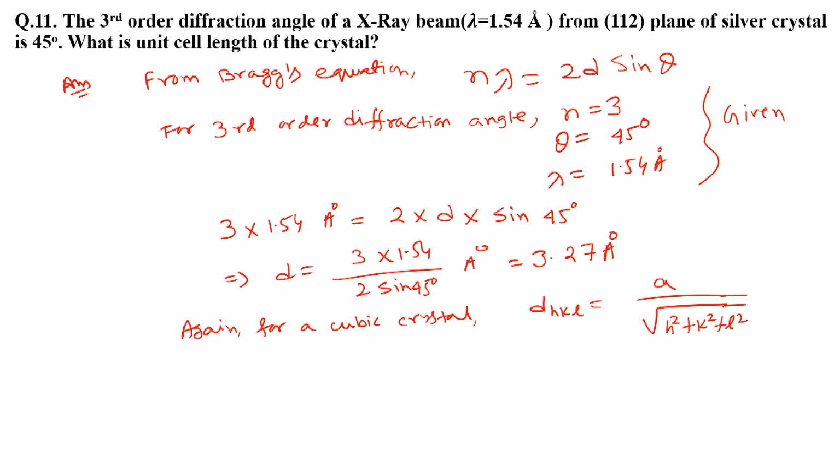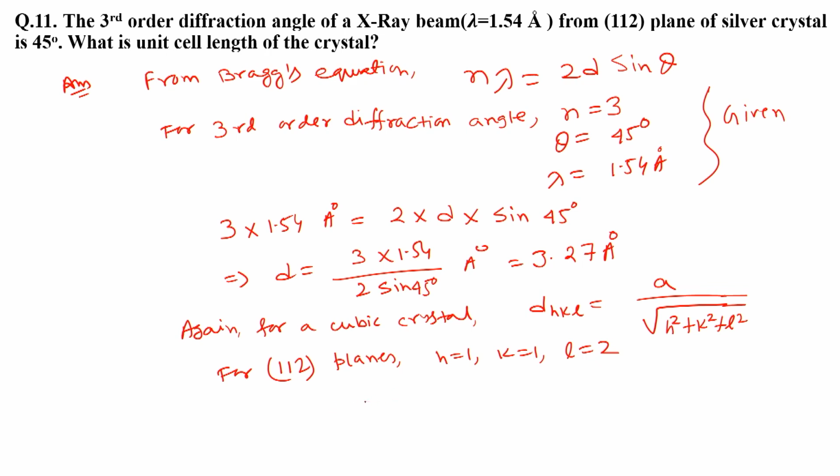So we got the value of d, and for the 1, 1, 2 planes, h is 1, k is 1 and l is 2. So we substitute the values now.